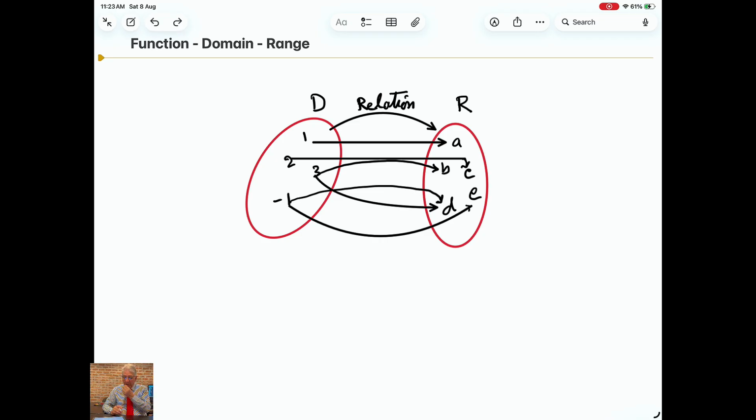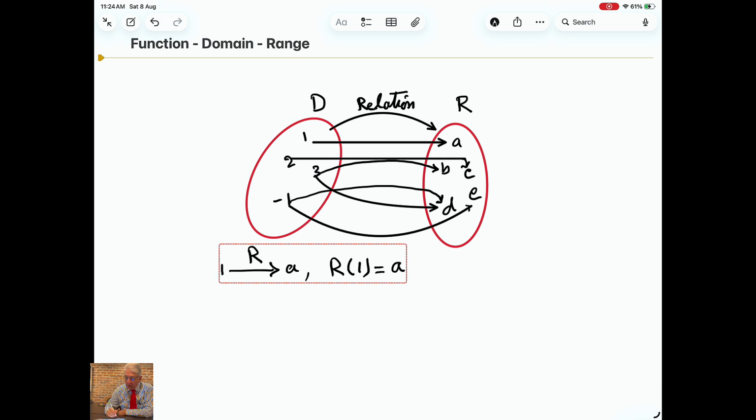Now, if we call this relation R, the name of the relation, we know that 1 is mapped, using R, to A. Or you can write this, R acting on 1, the answer is A. Now, if R acts on 3, what is the answer? We don't know.